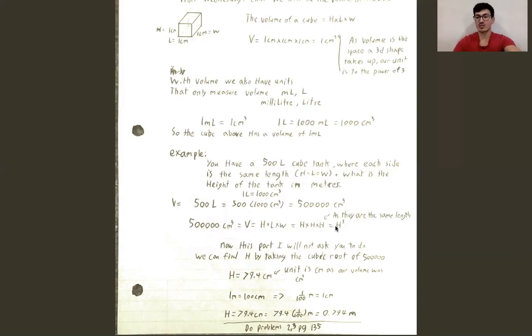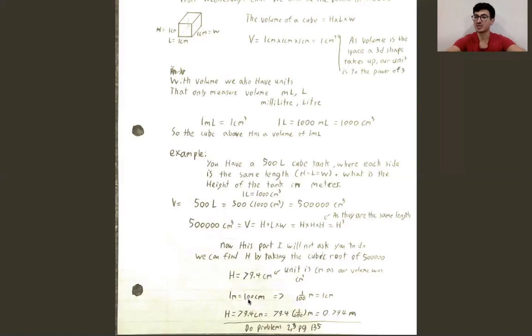Now, lastly, we want our unit to be in meters. So let's convert from centimeters to meters. Just like when we tried to do yards squared to acres, we don't have an equation where 1 centimeter equals so many meters. So let's create one. Just like we did before, we're going to divide the 100 centimeters by 100 to make it 1 centimeter.